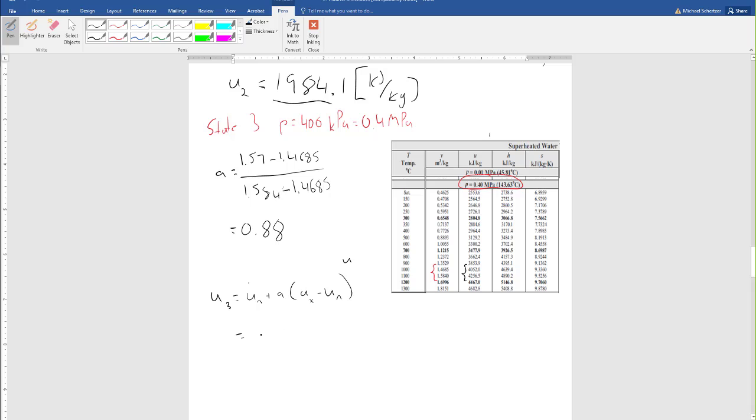So this is going to be 4052 plus 0.88 times 4256.5 minus 4052.